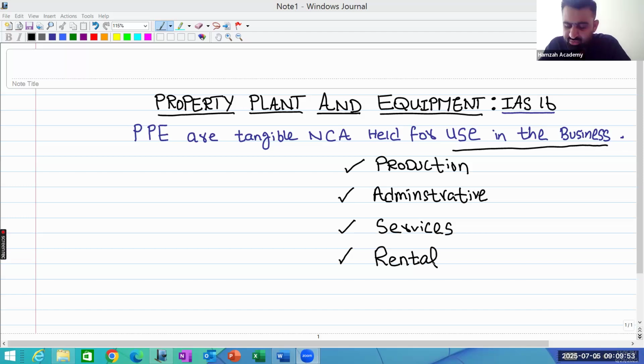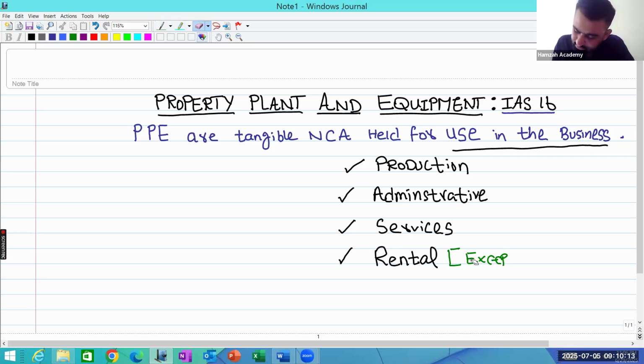So production, administrative, services, or for rental purposes. But keep one thing in mind: for rental purposes, there is one exception, and that is property.